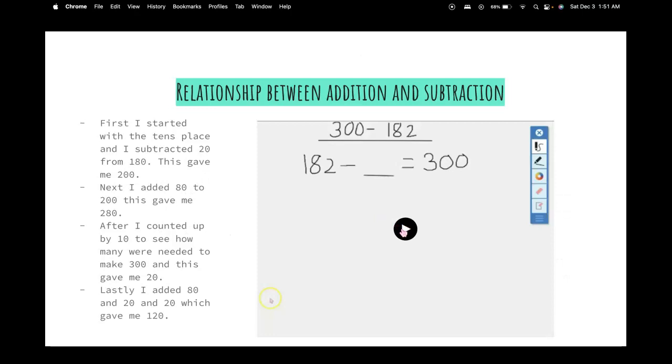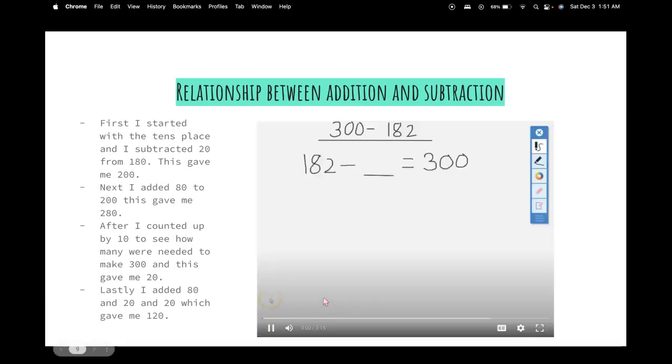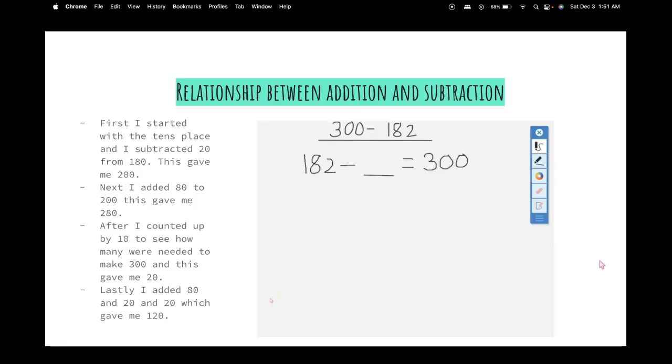Here is my demonstration. For this next method, for third grade, we're looking at the relationship between addition and subtraction, using this problem, 300 minus 182. So first we're going to change this subtraction problem into an addition problem.